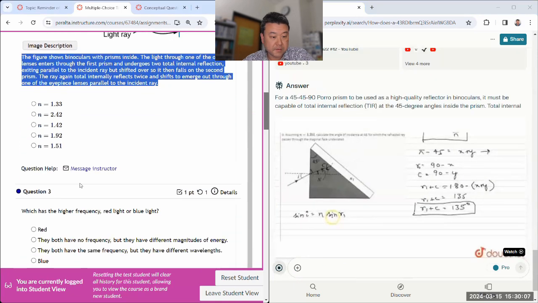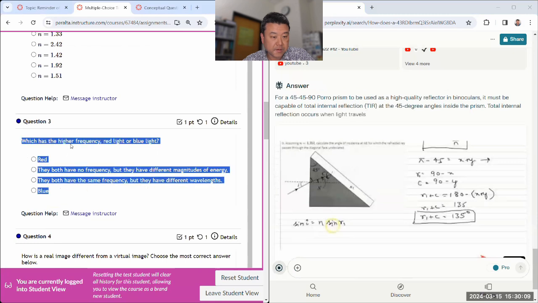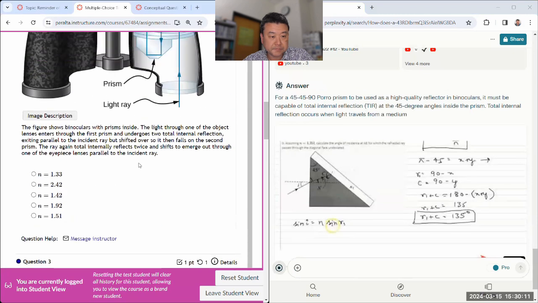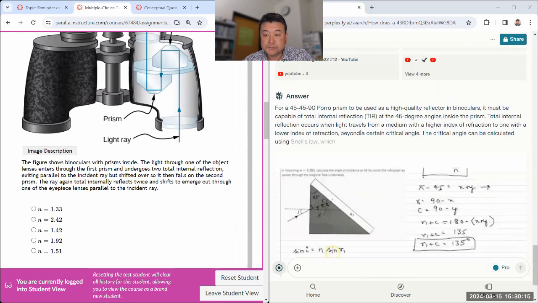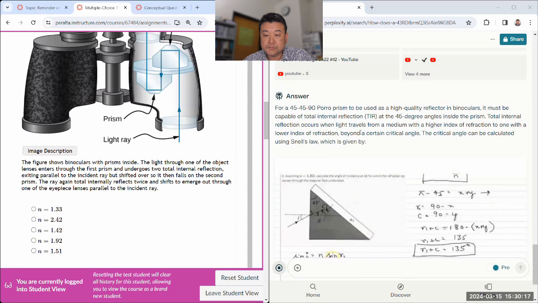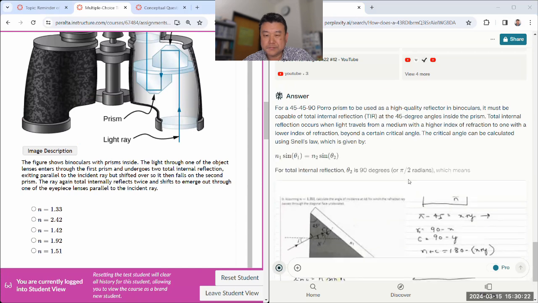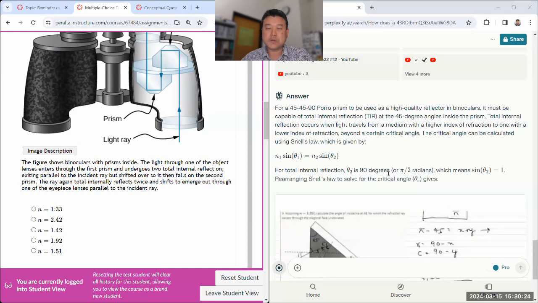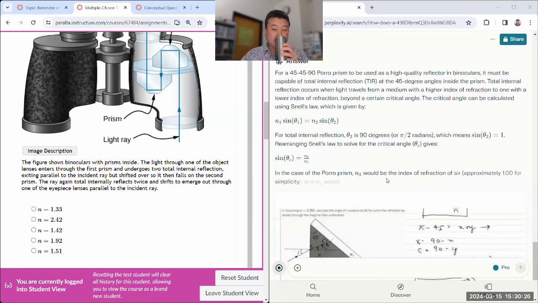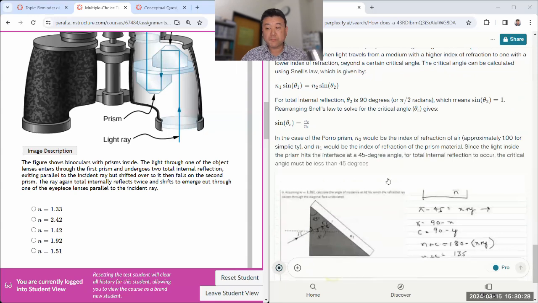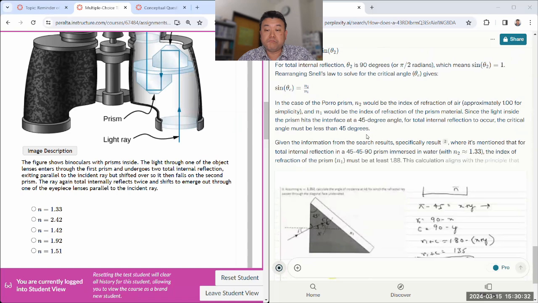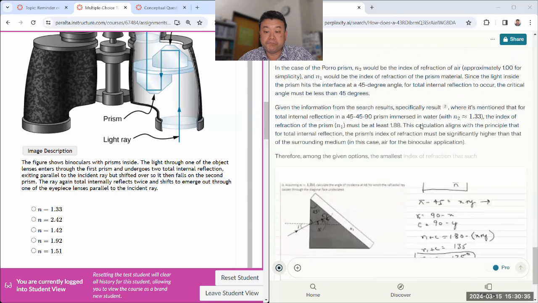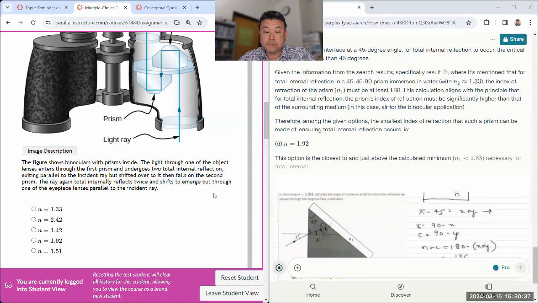So while it's doing that, let me copy and paste this. It's taking so long. 1.92.